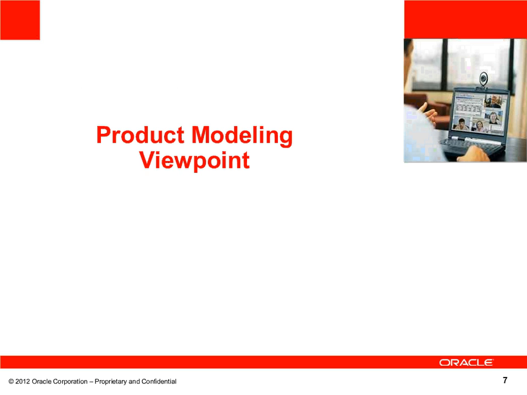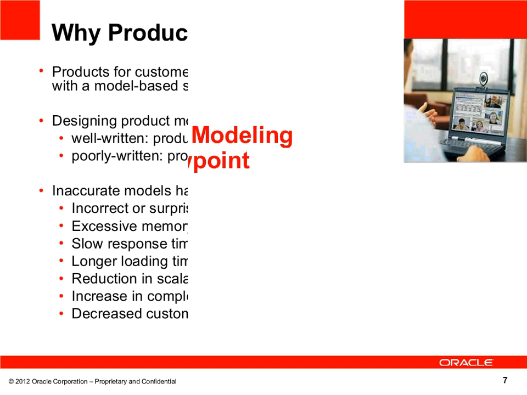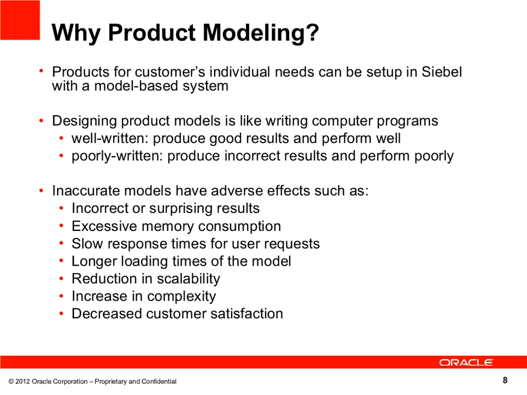So why do we talk about product modeling at all? From my point of view, good question. Actually, the point here is that with the current Siebel version, we have a lot of features, a lot of options, how we can set up products and product models. And actually, it's a bit similar to what you have in writing computer programs.